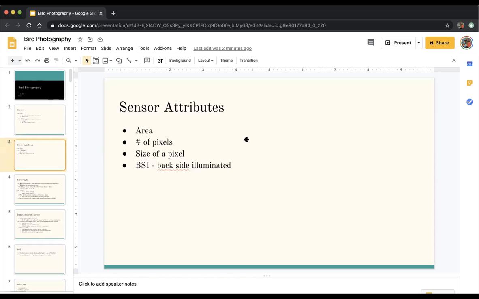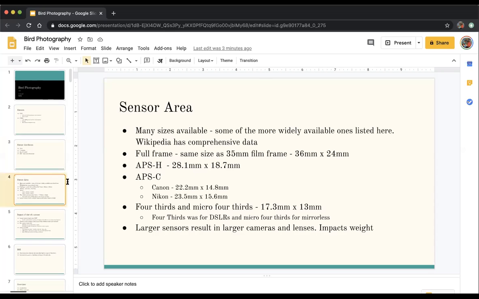So these are all related concepts. These come in many different sizes, and there's a whole history behind them. Wikipedia and other sources have good descriptions for these things.